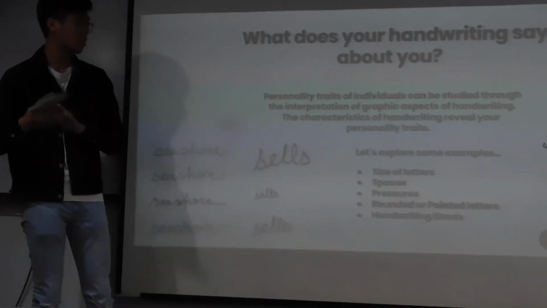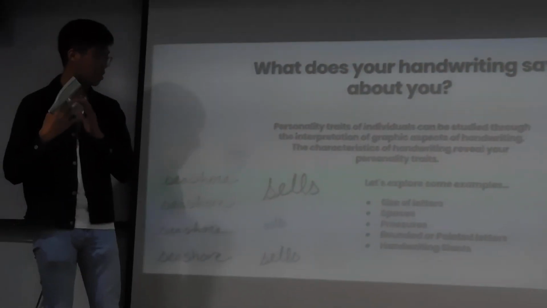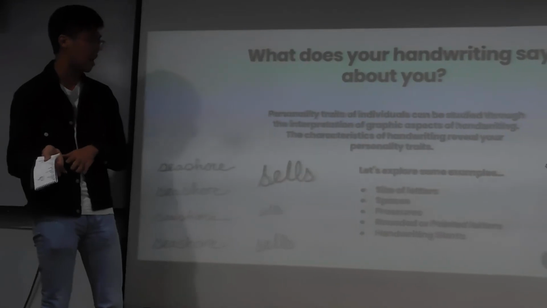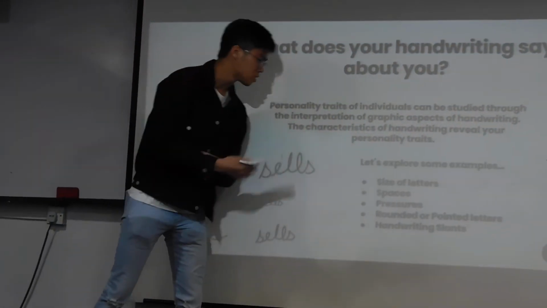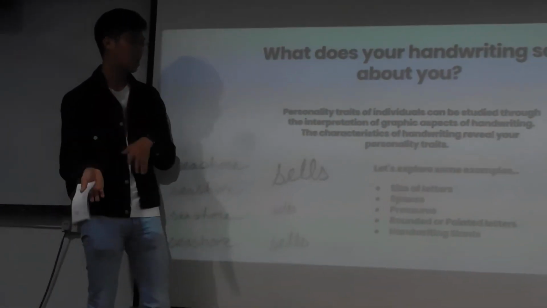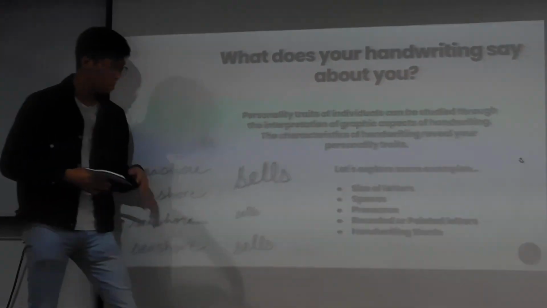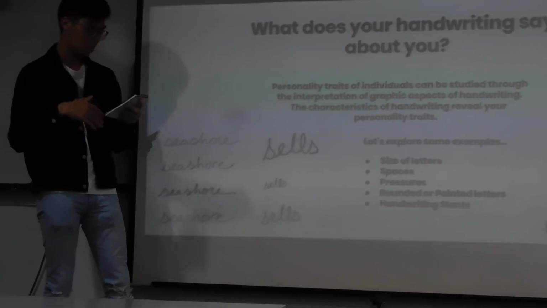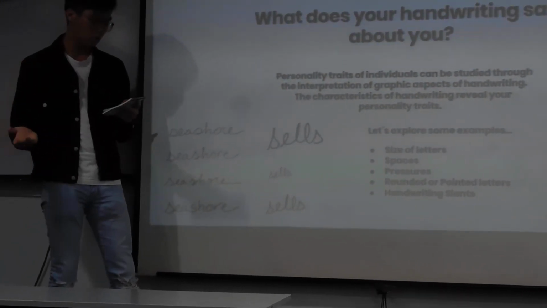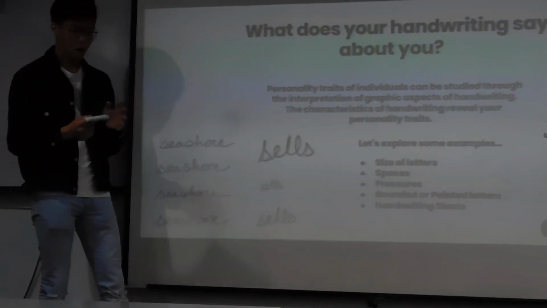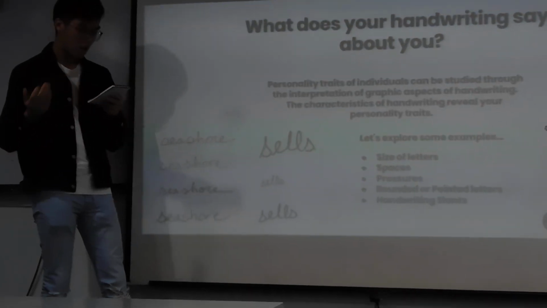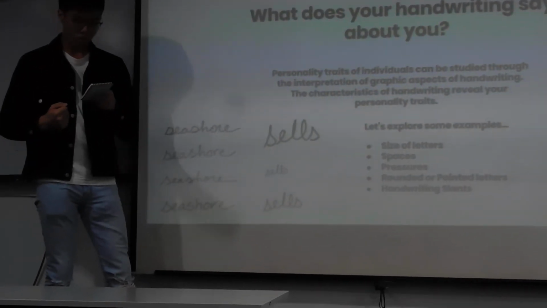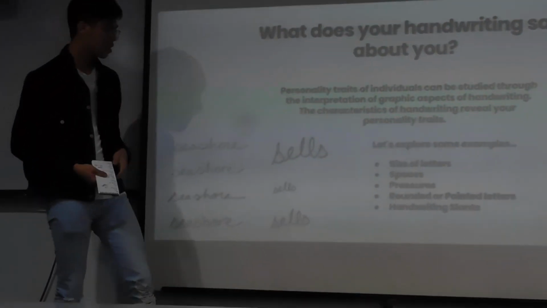Due to limited time, we just discuss some examples, like size of letter. Who have a big size of letter, the person will be outgoing, with a big personality. Who have small letters, they will be focused and concentrate easily, and shy.